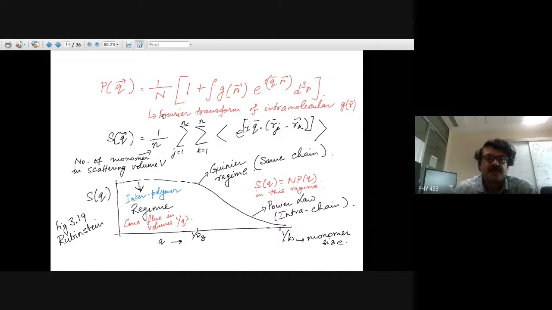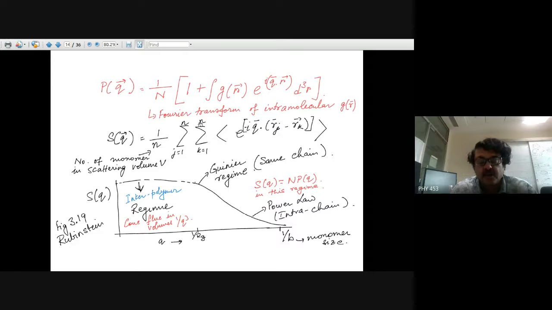Another quantity is the so-called structure factor, S of Q. That is 1 by n, where n is the number of monomers in the scattering volume V, which could be from the same molecule or from a different molecule. At the moment, I'm not differentiating. So S of Q depends upon the number of monomers in the scattering volume V, with j equal to 1 to n and k equal to 1 to n.